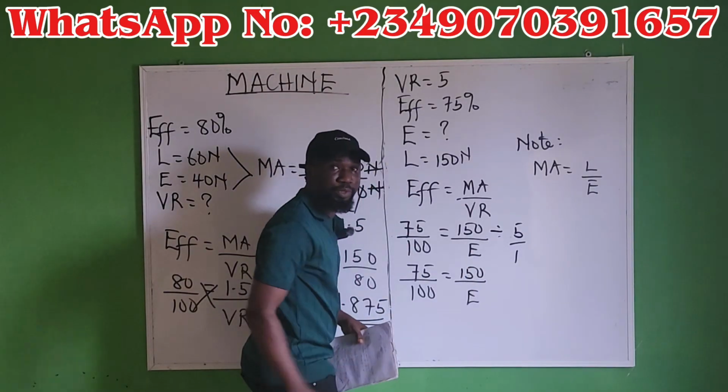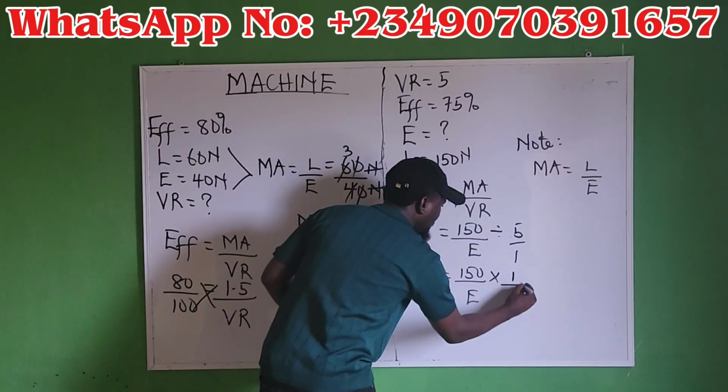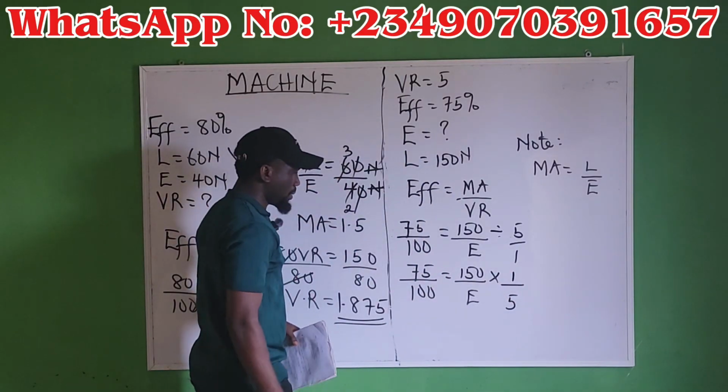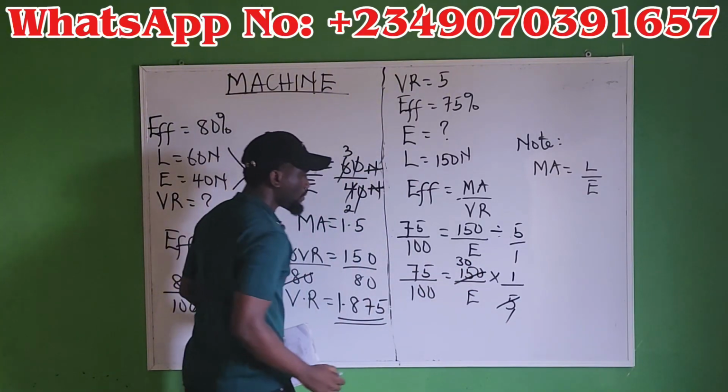The division will change to multiplication, so I'm going to have 1 divided by 5 coming in. From here, 150 divided by 5 is 30.